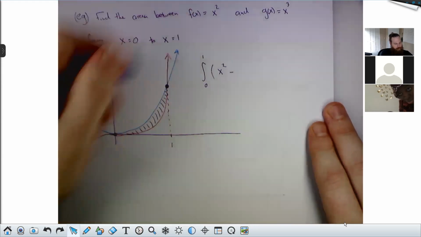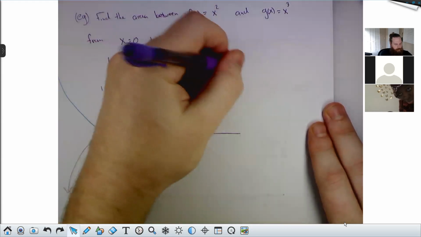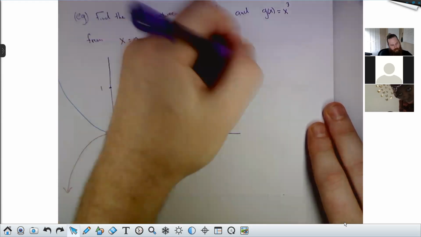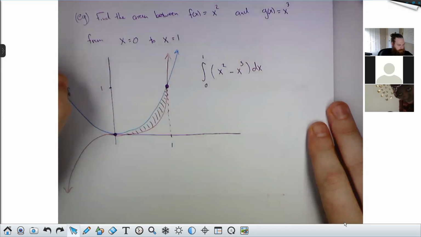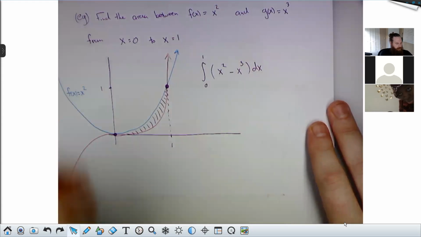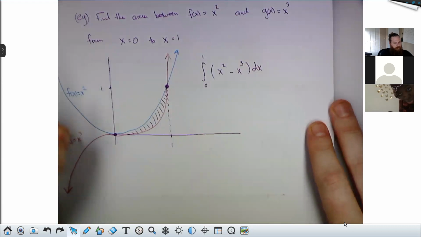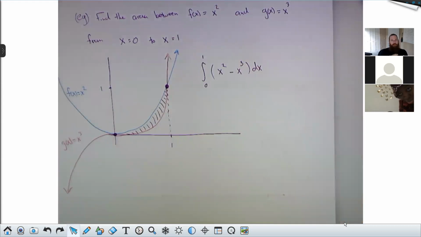And the lower function, the red function, is x cubed. Right, the blue here is f of x equals x squared. The red here is g of x equals x cubed. So upper minus lower. That's it. And if they cross, you have to split it up, right? If they cross, then the upper and lower switch, or have the potential to switch.